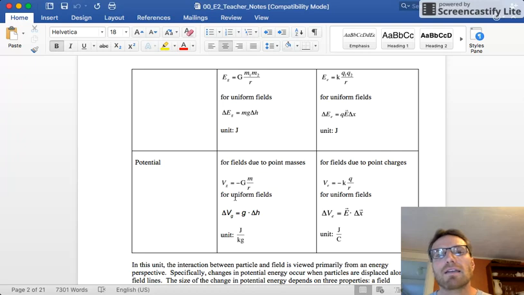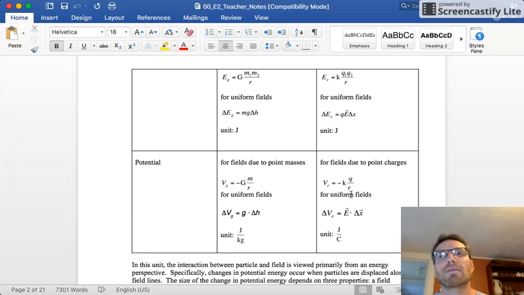Saying again, if I use the same kind of thinking as for gravitational potential, that large negative electric potential suggests a very small amount of energy per charge close to this positive central charge.